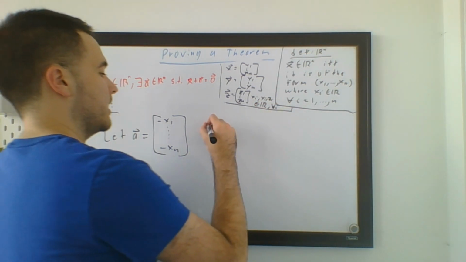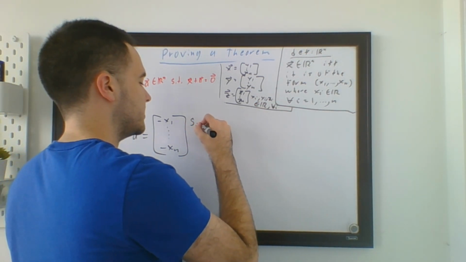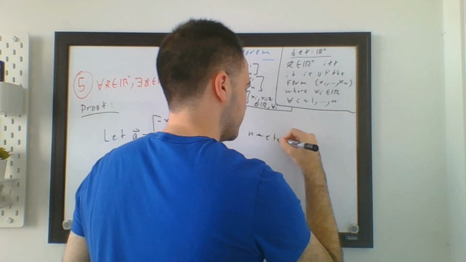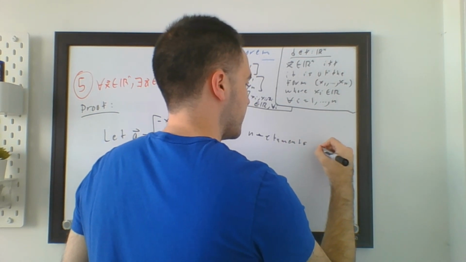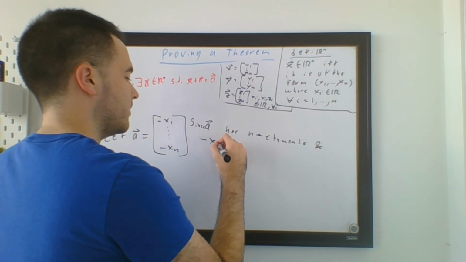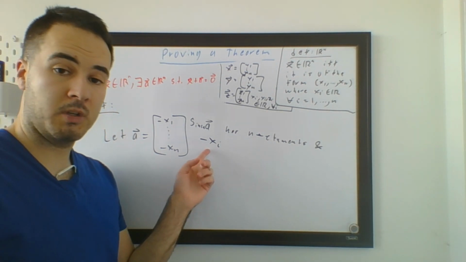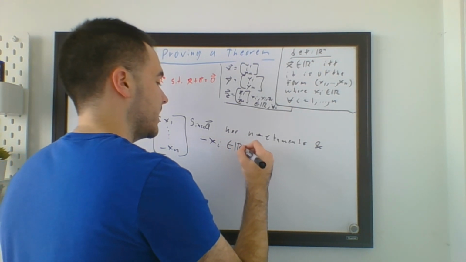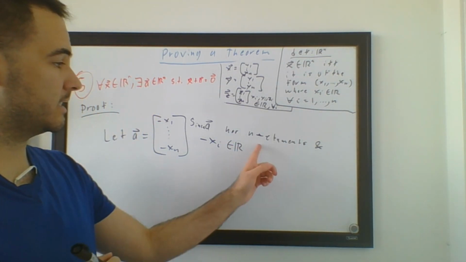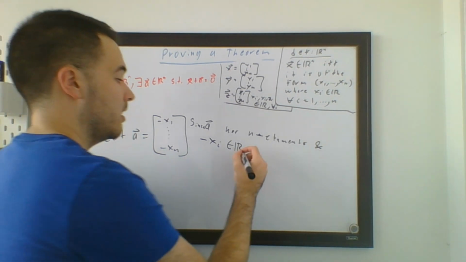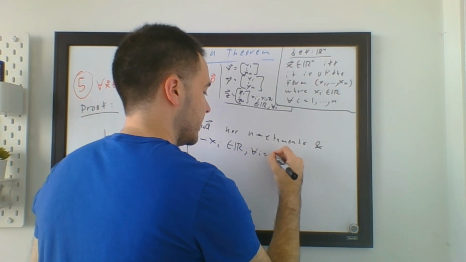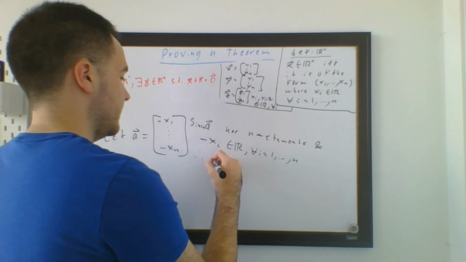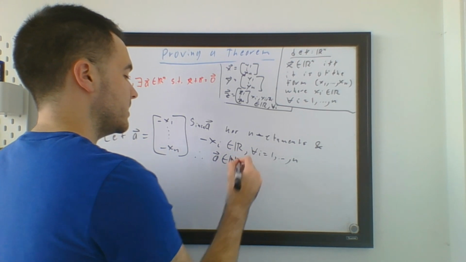So we know that A has n elements and negative xi, again, a real number times a real number we know is a real number. So negative xi is still a real number. So it has n elements. Each of those elements are real numbers. We'll say for all i equal to 1 up to n. Therefore, A is a vector in Rn.